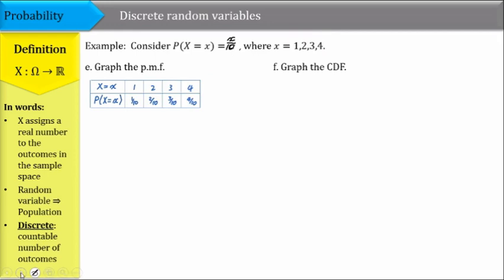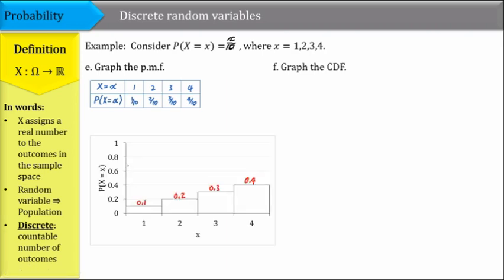And the graph of the PMF will simply be a histogram, or the equivalent of a histogram. Histogram is for samples, remember? So this is the equivalent of a histogram. We'll have the probabilities on the vertical axis, x on the horizontal axis, and we'll have the bars. No gaps. These bars are against each other. Each bar has a width of 1, and of course the height of each bar and the surface area of each bar will be their respective probabilities.